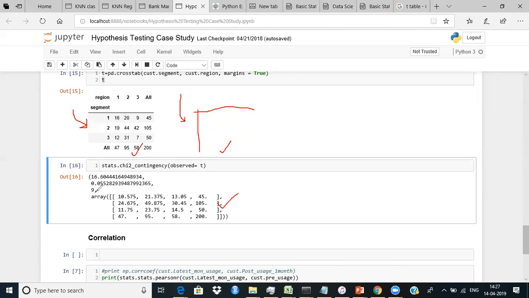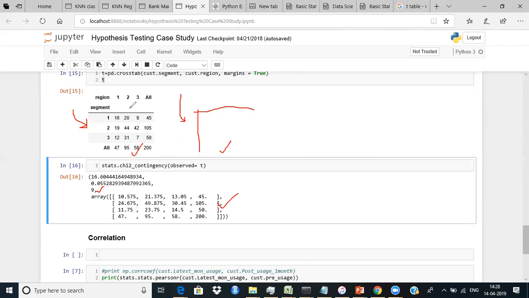Next, this 9 represents the degrees of freedom of the chi-square distribution. Degrees of freedom will always be the number of values of categorical variable 1 into the number of values of categorical variable 2. 3 into 3, 9. Why 9?